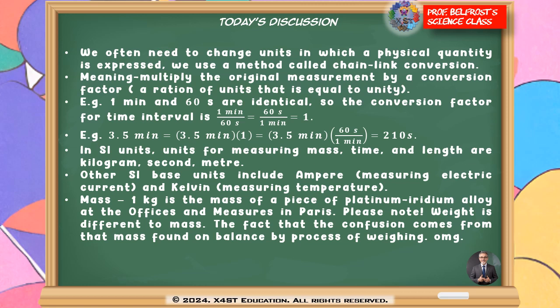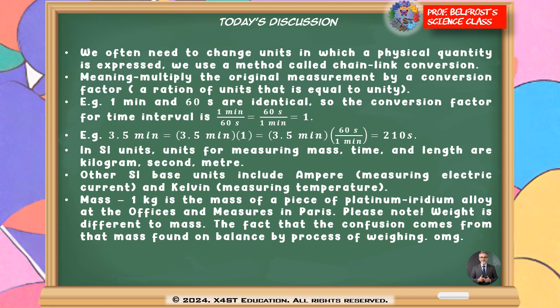For example, if you want to change from meter cubed to liter, which is just a decimeter cubed, you need to apply the conversion factor of meter to decimeter three times. So just multiply, multiply, multiply again. That's how it works. Very easy.